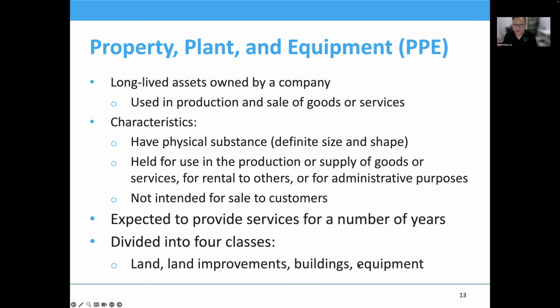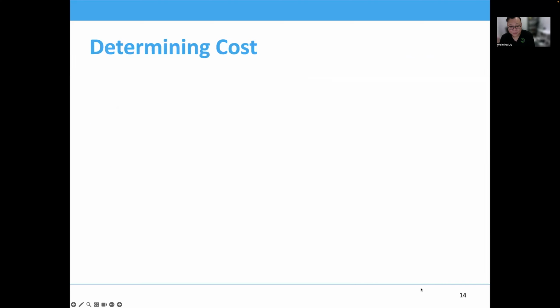And for buildings, you recognize depreciation on buildings. And equipment, like computers. So those are the 4 classes: land, land improvement, buildings, and equipment.